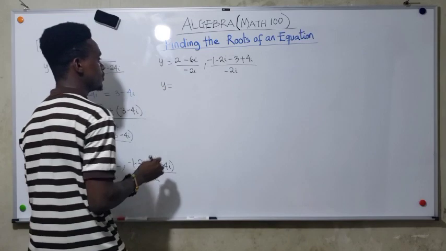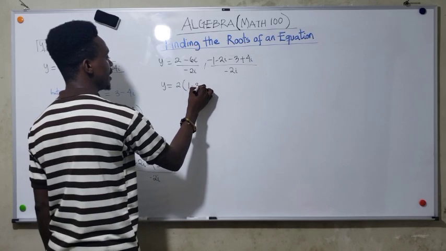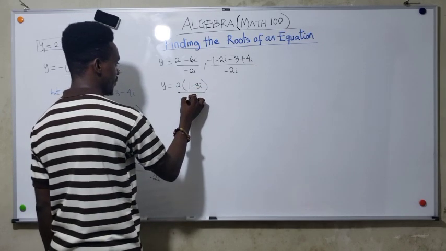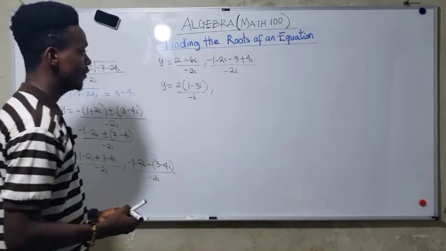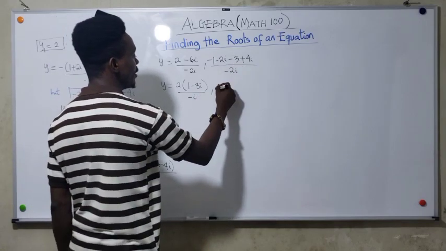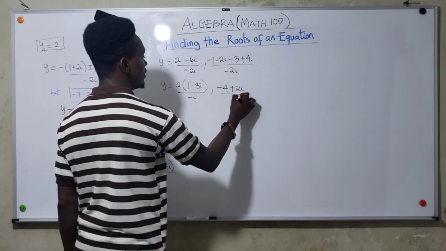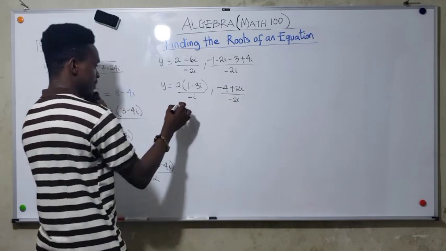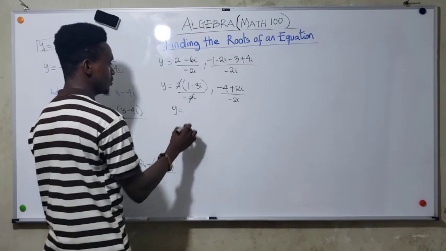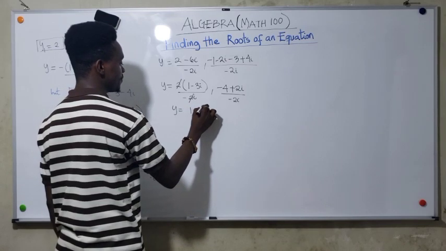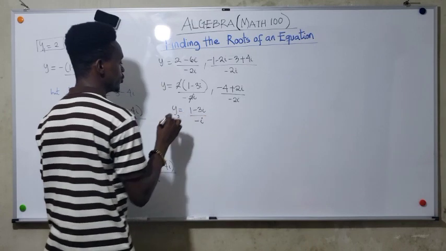So y is equal to, we can factor out 2, so we have 2 parentheses 1 minus 3i, all divided by minus i. Again, we add real to real, we have minus 4, and imaginary to imaginary, we have positive 2i, all divided by minus 2i. So 2 cancels 2, we have y equal to 1 minus 3i, all over minus i, which is our second root, y2.